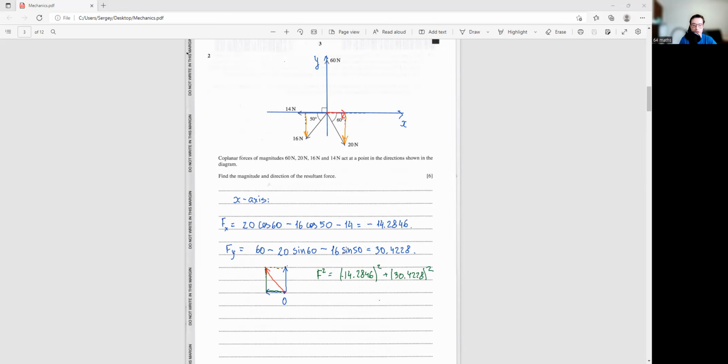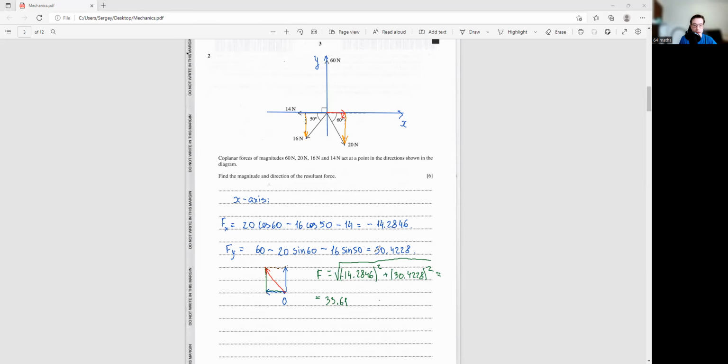Then we'll have to take the square root. Okay, and I got 33.61. So that's going to be the magnitude of this force.